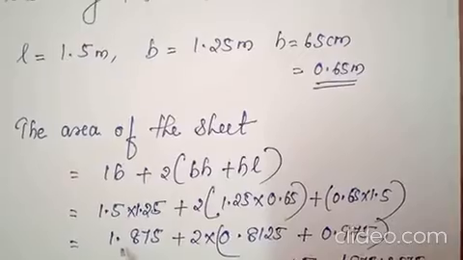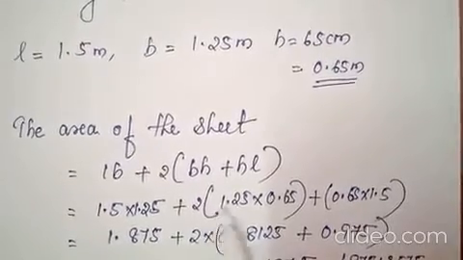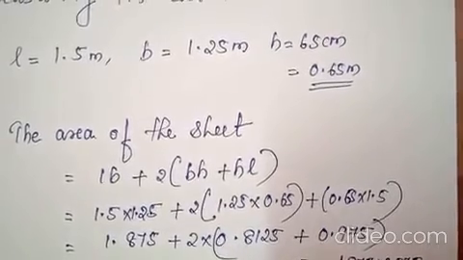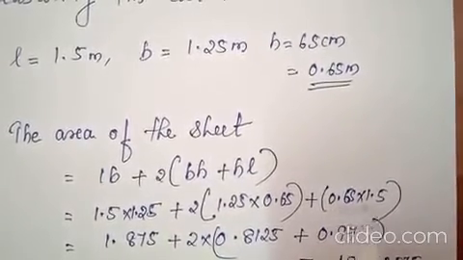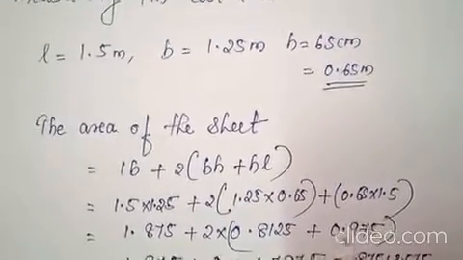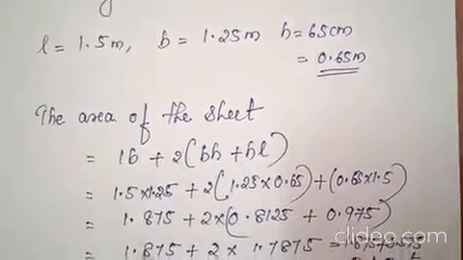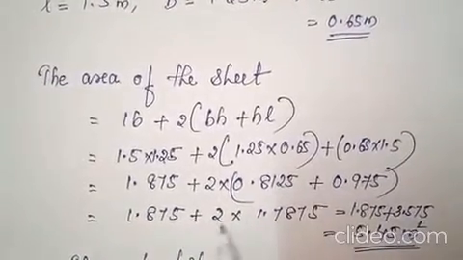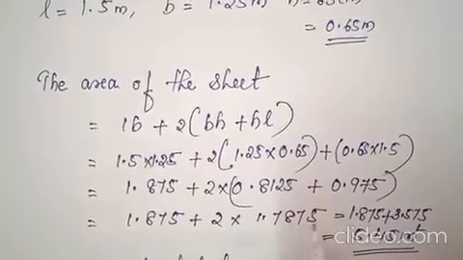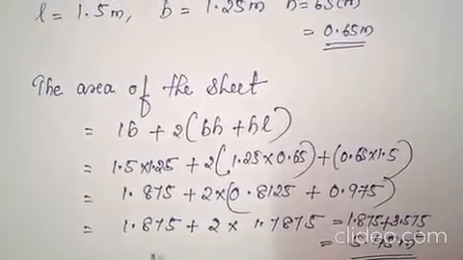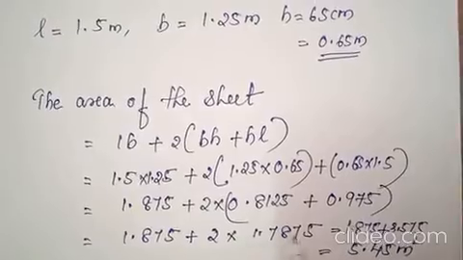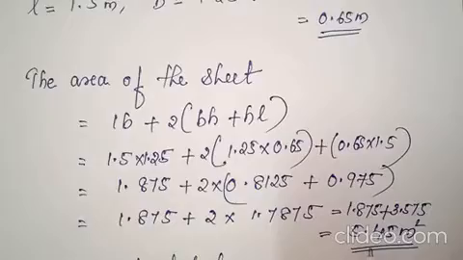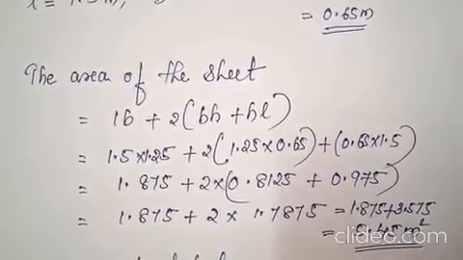Then 1.875 plus 2 into 0.8125 plus 0.975, which is 1.7875. Then 1.875 plus 2 into this number 3.575. Adding these two numbers you will get the area 5.45 meter square.